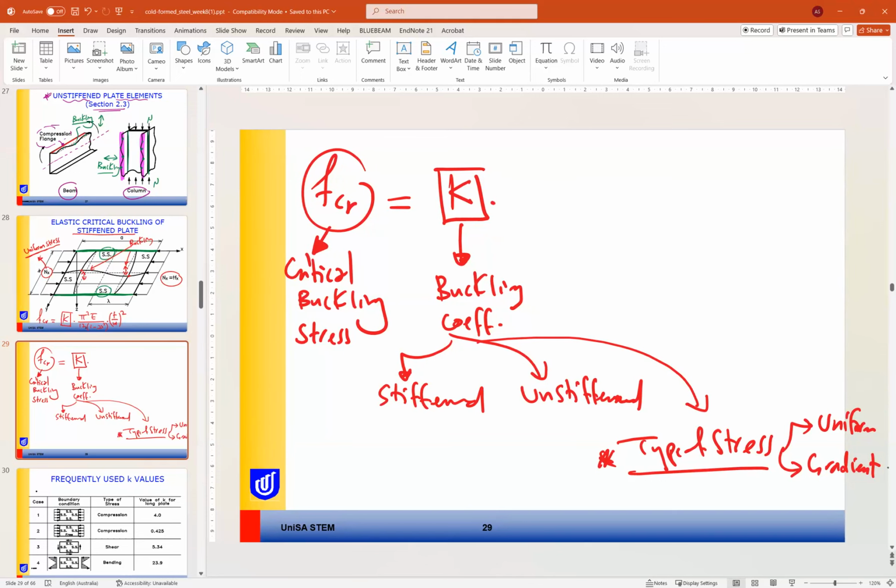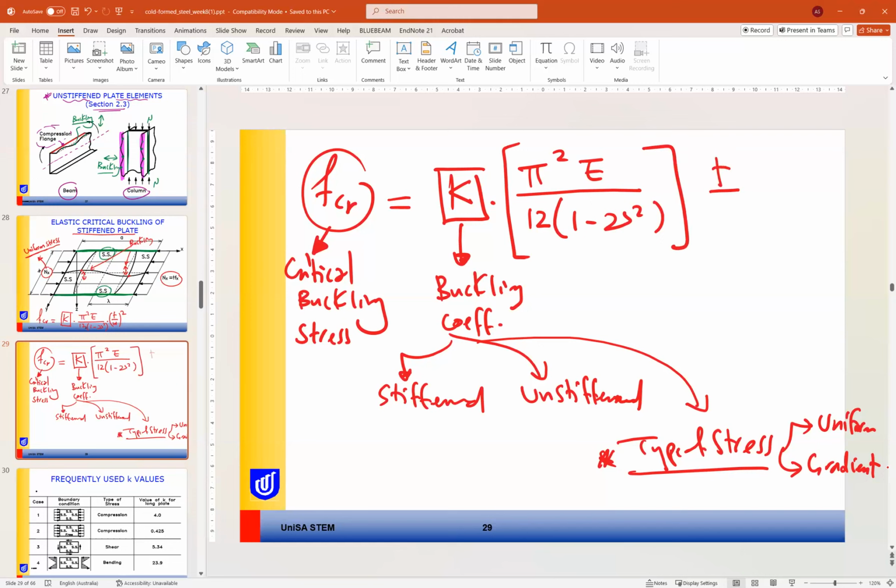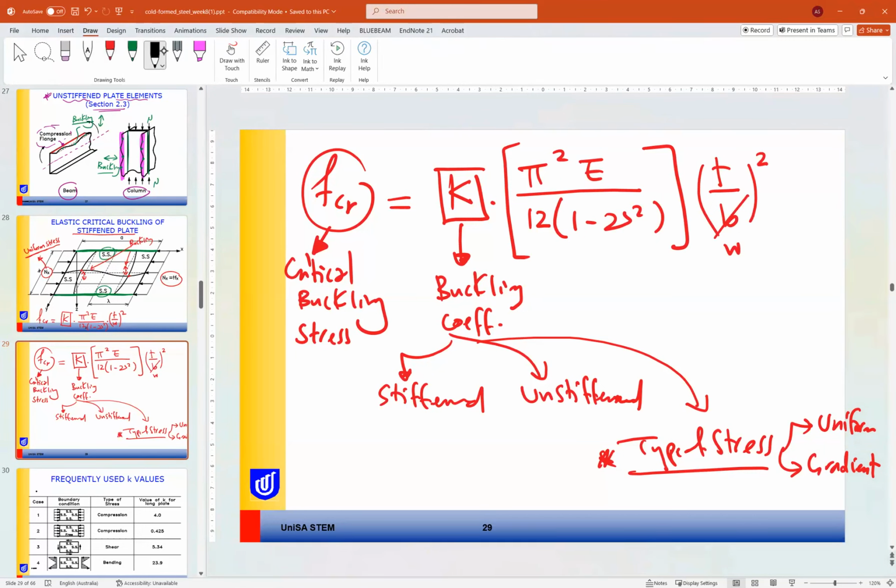Multiplied by π²E divided by 12(1 − ν²). All of this multiplied by (t/w) squared. So all this part is constant for the material. What is E? E is Young's modulus of steel.